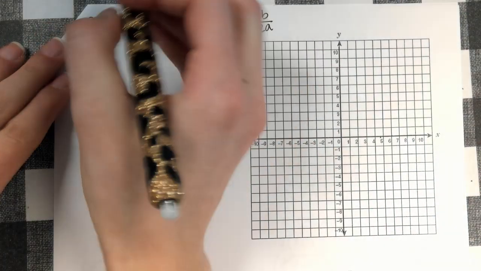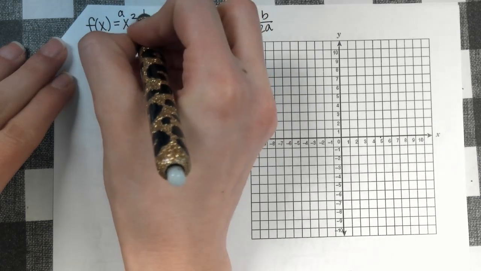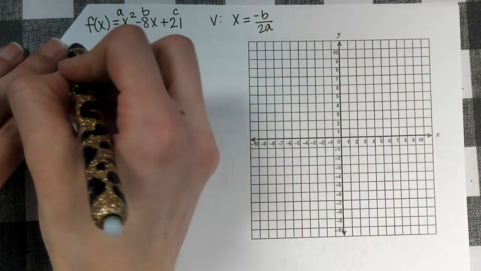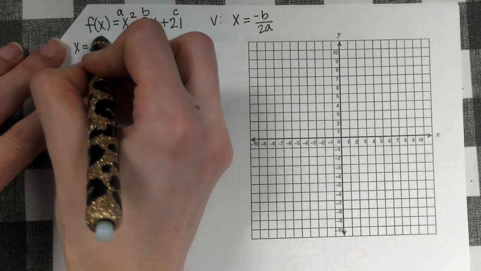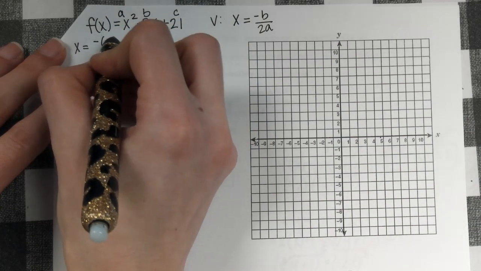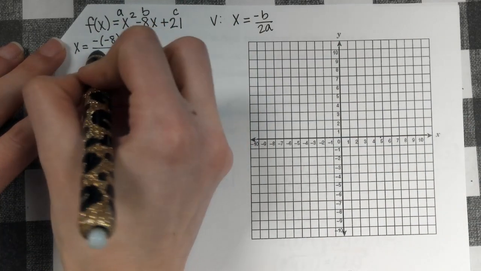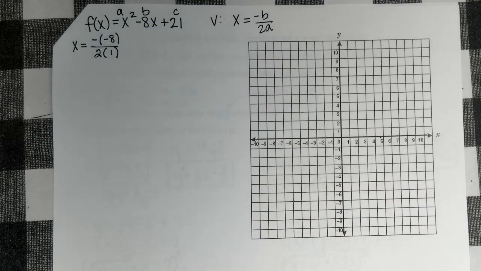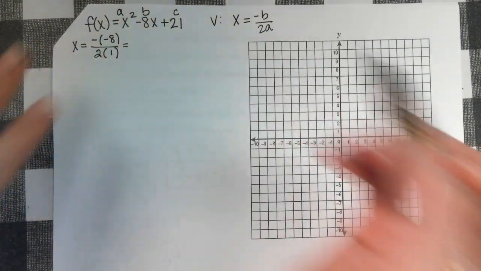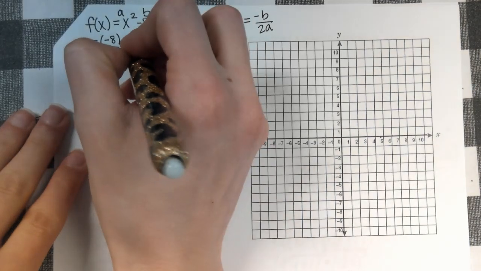So we've got ax squared plus bx plus c. So x equals negative, your b is -8, divided by 2 times 1. 8 divided by 2 is 4.